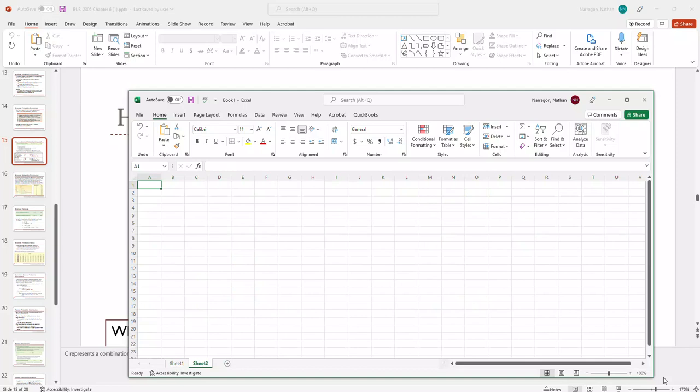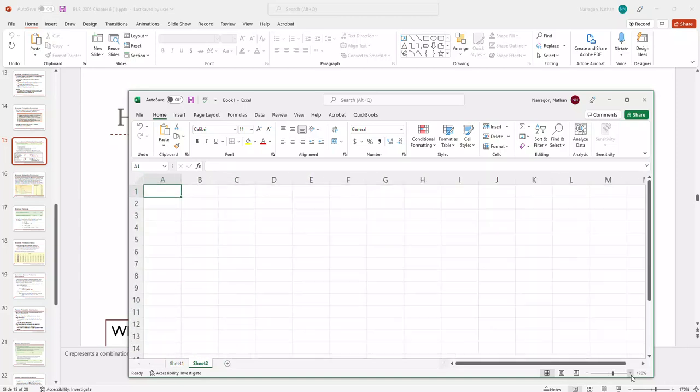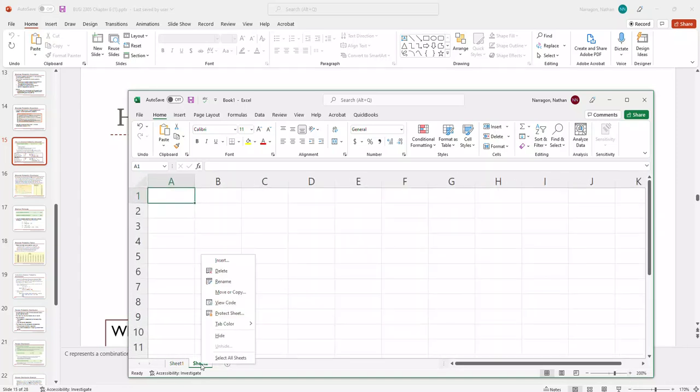So, I'm going to create a new sheet just for binomial. And we'll go ahead and name it binomial. And there's certain things I'm going to need to have for this problem.